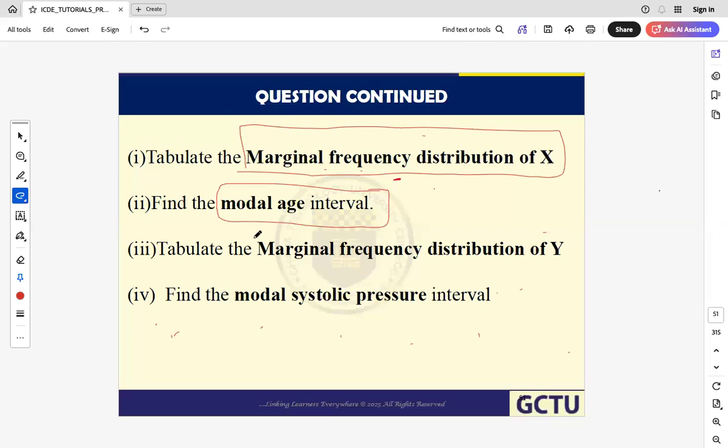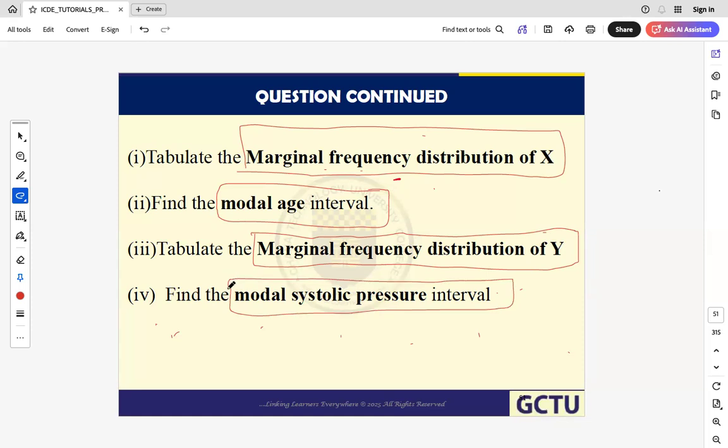Then the third information the question wants from us is called the marginal frequency distribution of the systolic blood pressure, Y. Then the final information we'll need from the data is called the modal systolic pressure interval. So we'll just do them one after the other.